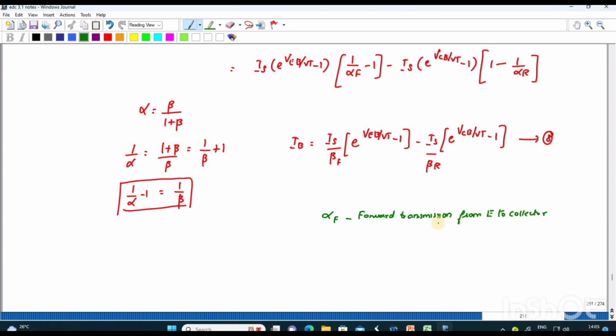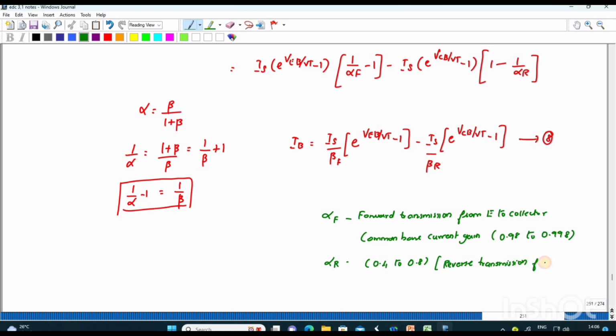This is also called the common base current gain, and its value is 0.98 to 0.998. Similarly, alpha R is the inverse alpha of a transistor. It ranges from 0.4 to 0.8, and it is called the reverse transmission from collector to emitter.